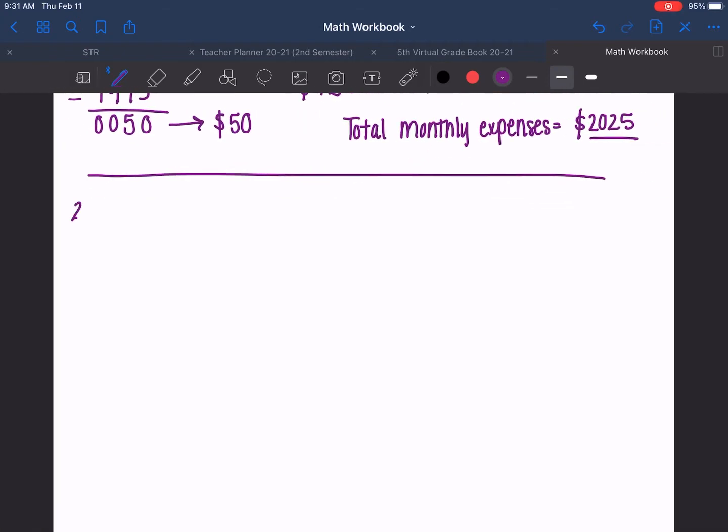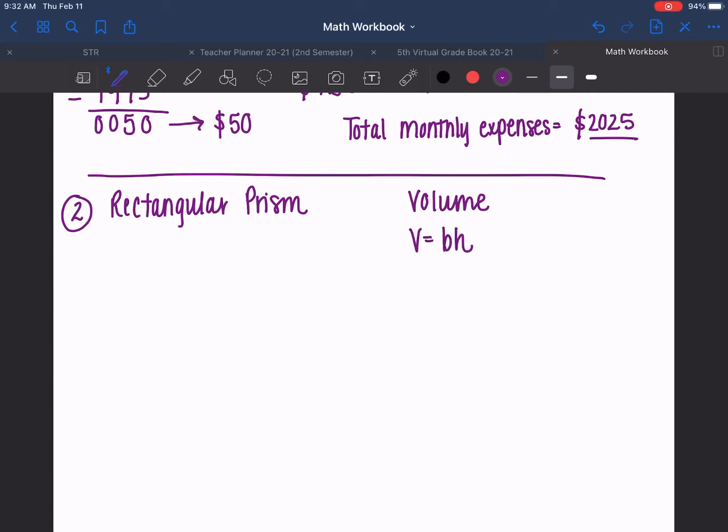So for number 2, we are focusing on a rectangular prism. Now, we also know that we're working with volume. We know that our typical formula for volume is V equals base times height.